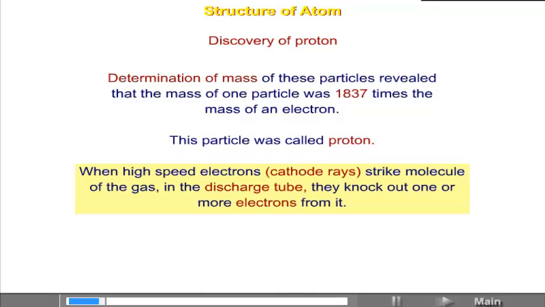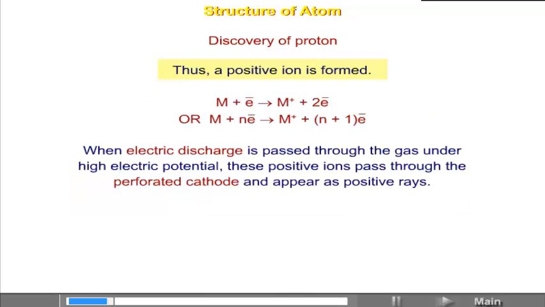When high-speed electrons, that is cathode rays, strike molecule of the gas in the discharge tube, they knock out one or more electrons from it. Thus, a positive ion is formed.